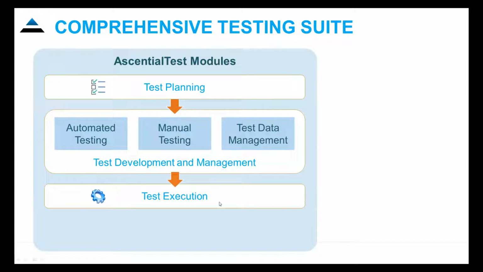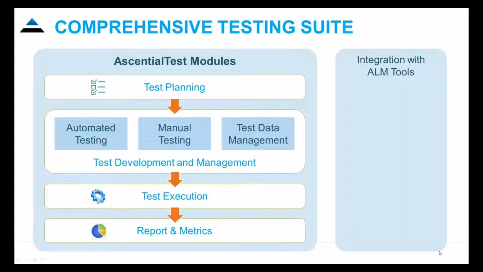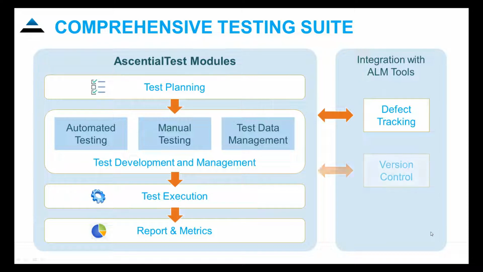We have a module that's specifically dedicated to managing the test execution process and in generating reports and metrics. We also integrate with other tools in the application lifecycle, including defect tracking, version control, and continuous integration.